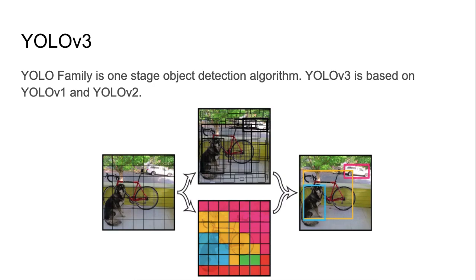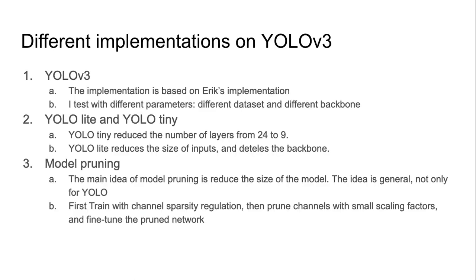The main idea is it first splits the image into several grid cells, and each cell has responsibility to detect the center of the object, and at the same time it will generate the size of the object, and also with a confidence. And it is the main idea of YOLO, and YOLO v3 has some modifications, and I don't have time to talk about them in details.